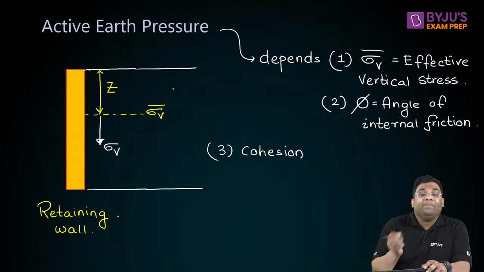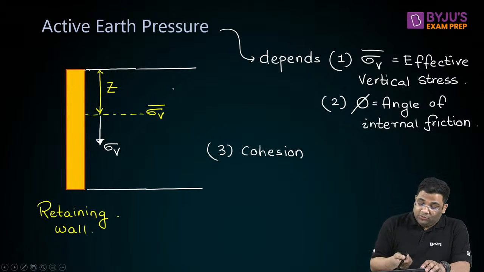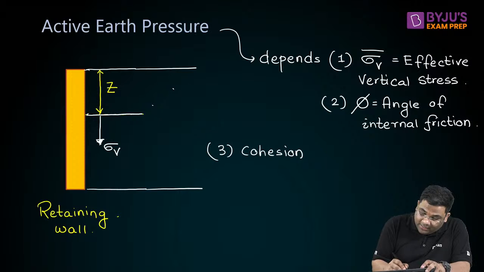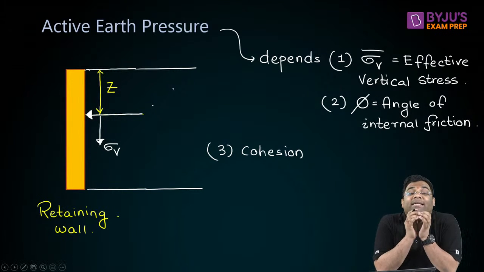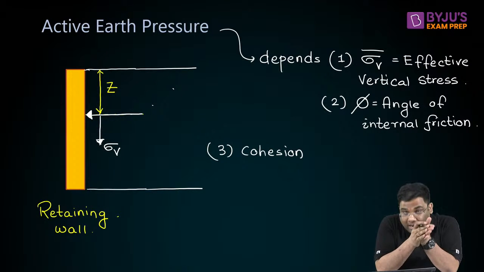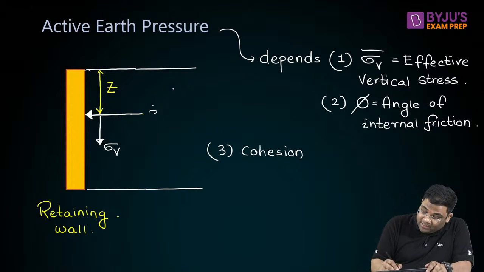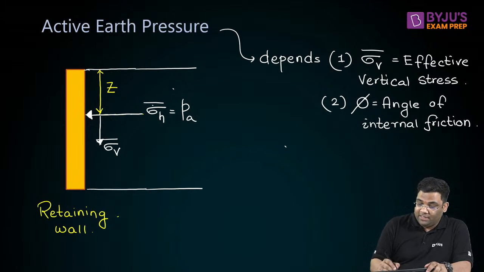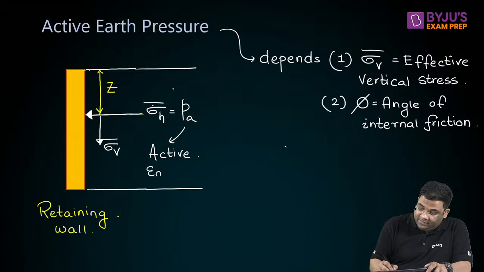If I am interested in finding the active earth pressure here, that means the horizontal stress, because the active earth pressure is horizontal in direction, as it is exerted by the soil on the wall. So this horizontal stress is the active earth pressure. Good evening, Saurabh Sri.